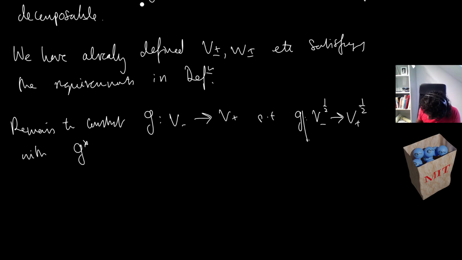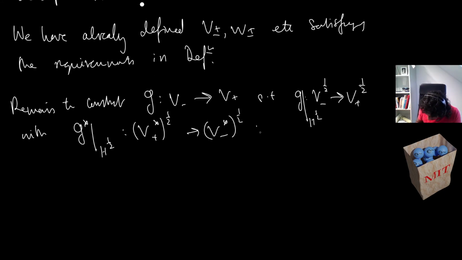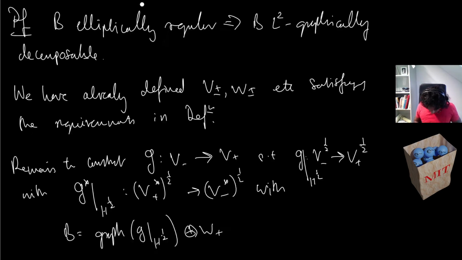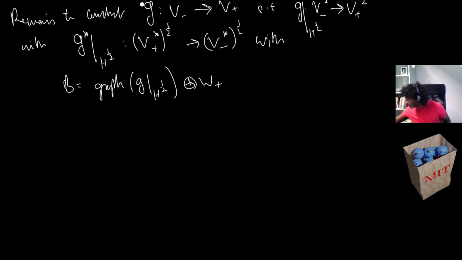So this is really the restriction to H half. The restriction of G star to H half takes us from V plus star a half to V minus star a half, with B equal to the graph of G restricted to H half plus the W plus, right? So this was the W plus here. Pardon me. So that's what we will prove now: the existence of this G.